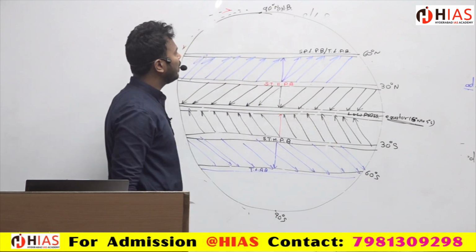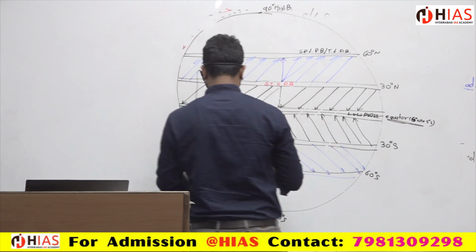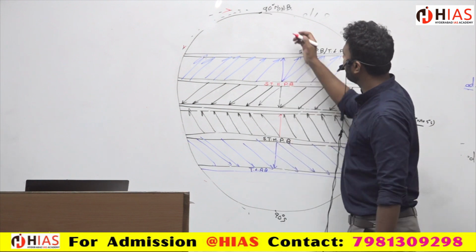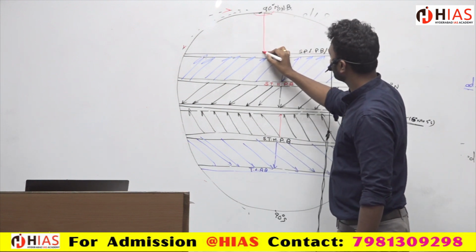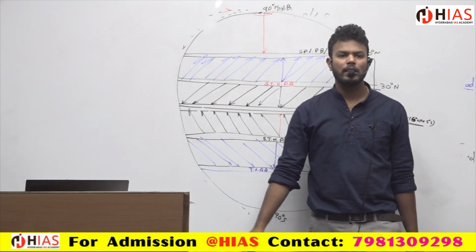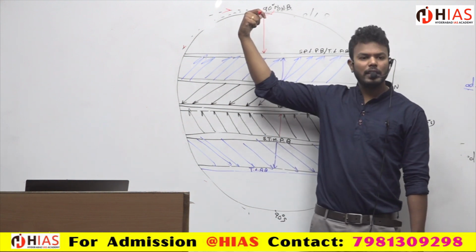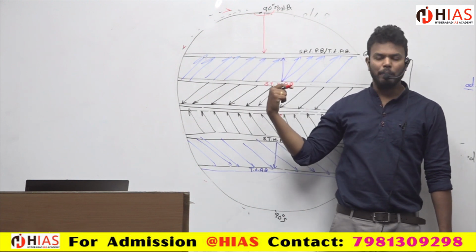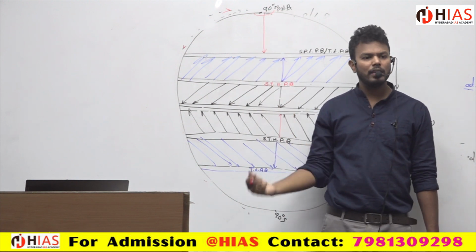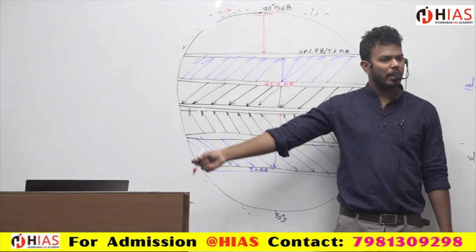This one. And the next. See now, the wind wants to come from high pressure to low pressure. So when the wind is trying to come from high pressure to low pressure, it can come. Because of the Coriolis, what is happening? Deflecting towards the right side.